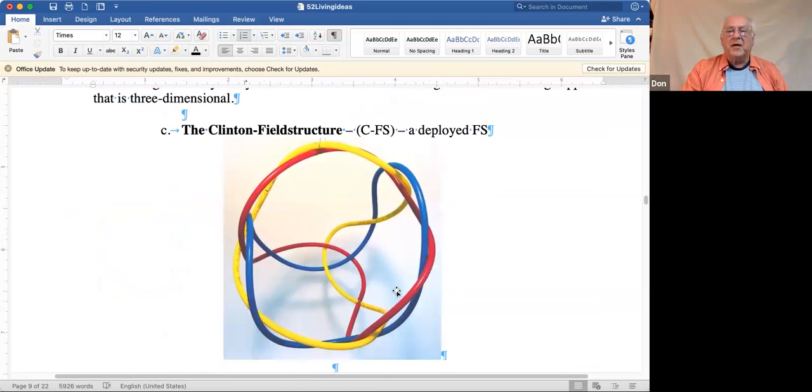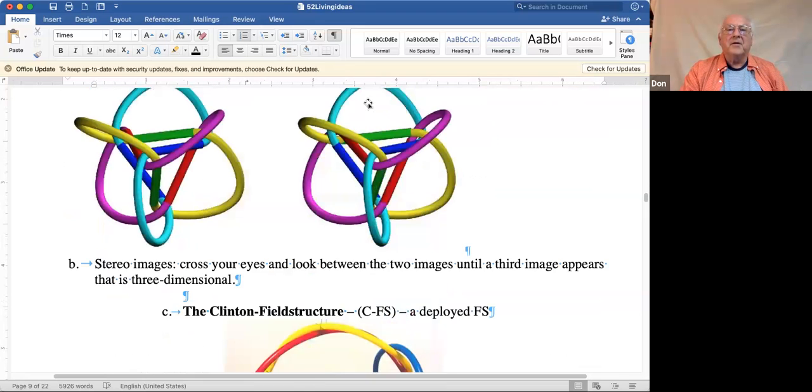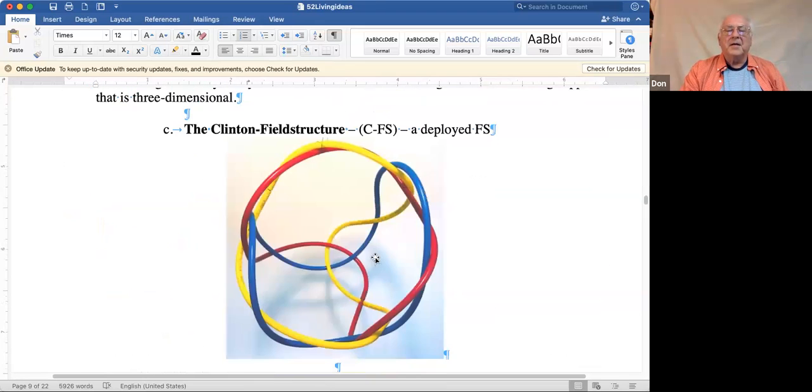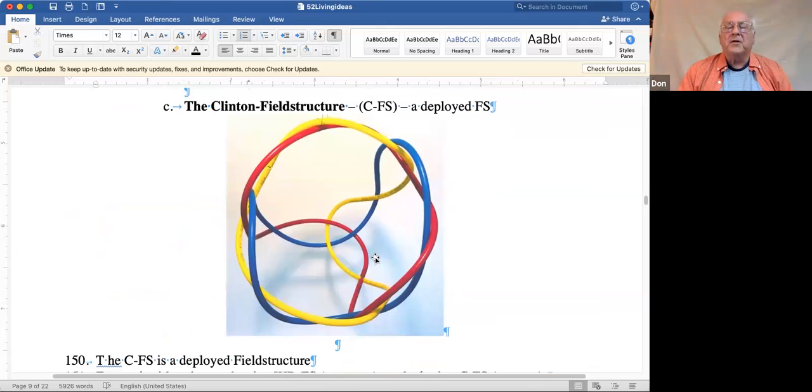The same three loops, red, blue, and yellow that we have here, but in a diploid form. This is a form Joe discovered. And shown here is the tetrahedron. This can be done with any polyhedra, no matter how complex.